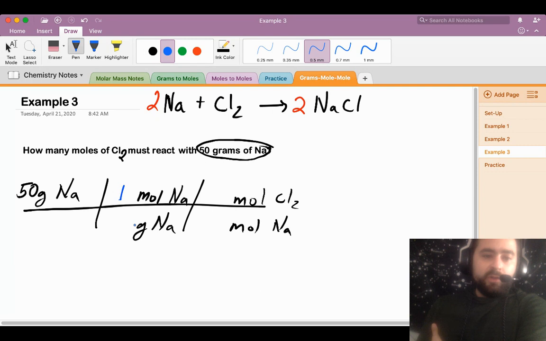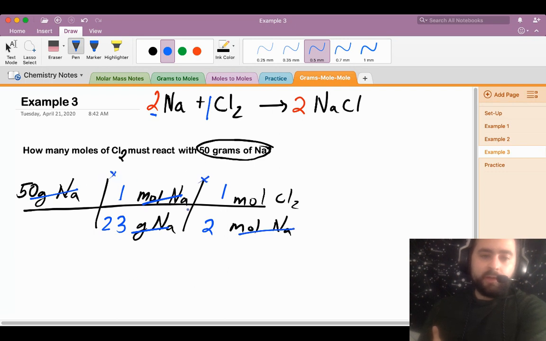Molar mass, mole is always going to be 1. In grams of Na, it's 23. We get that from the periodic table. And then the mole ratio, so in front of the Cl2, there is a 1. In front of the Na, there is a 2. Gram, gram, cancel. Mole, mole, cancel.